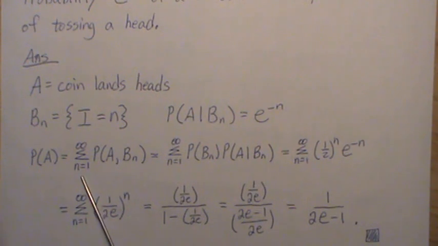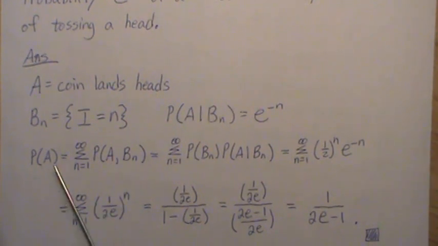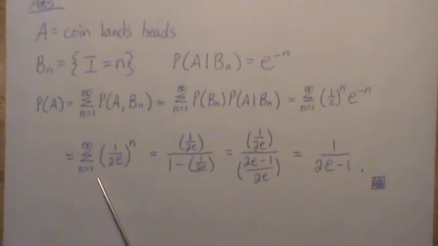So this is equal to, using the total probability, the probability of A is equal to this infinite sum, where we introduce this variable but sum it over all possible values. And this can be written in the conditional form. But we know each of these: the probability of I equals n is 1/2 to the n, and the probability of A given Bn is e to the minus n. Well, these can be rewritten in this form.